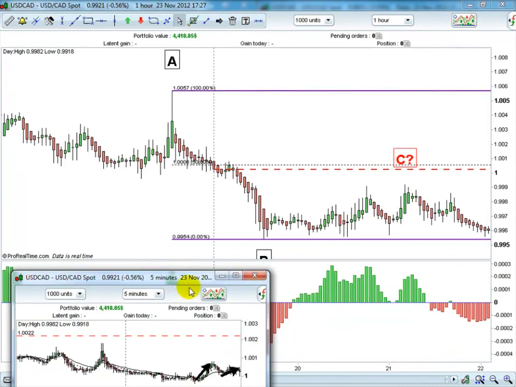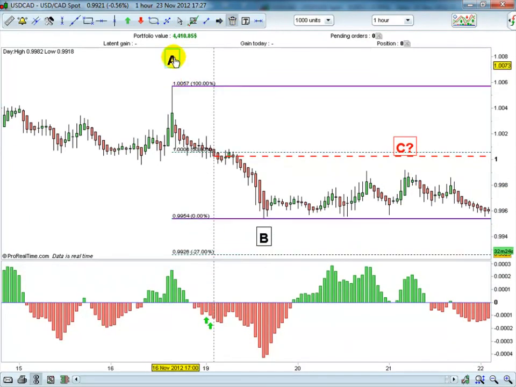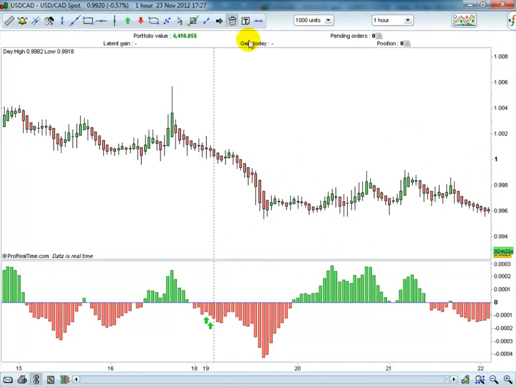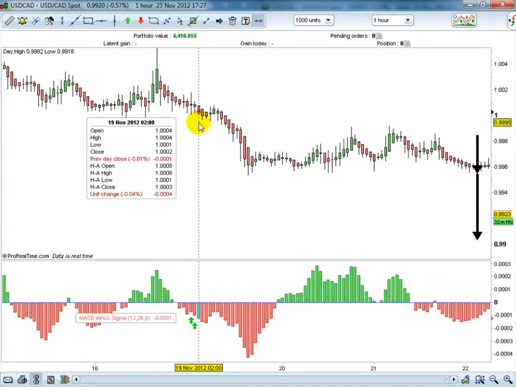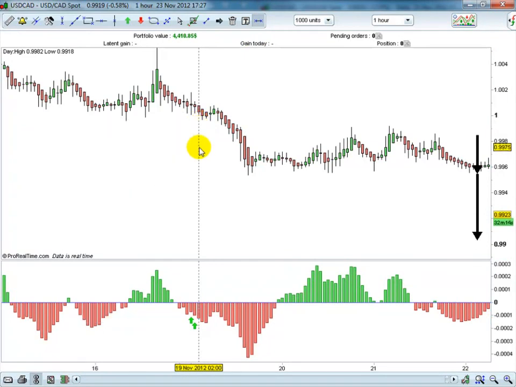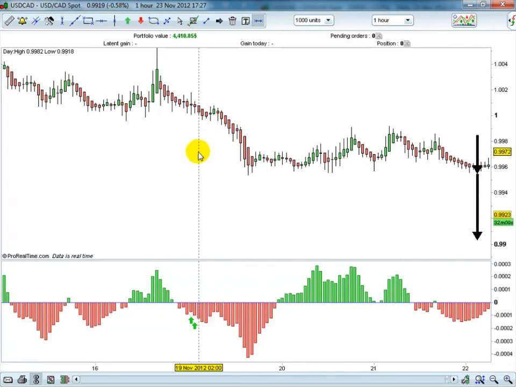Okay, so what we then do, and I'll just get rid of this information now, is set our targets. The first one would be 30 pips under entry, which would be 99.72.